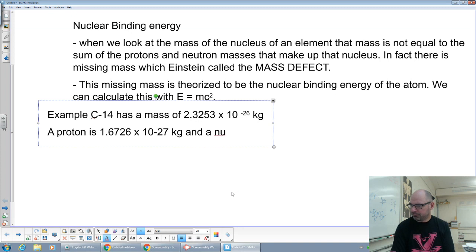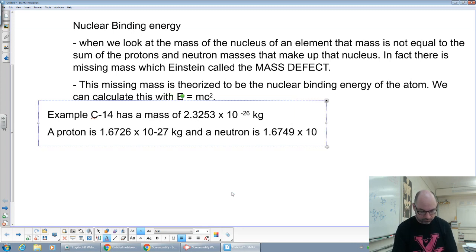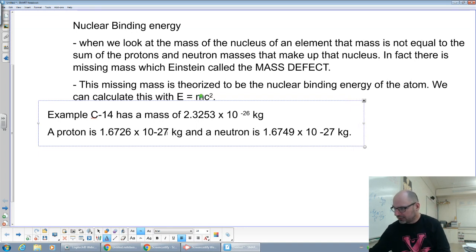A neutron is 1.6749 times 10 to the negative 27 kilograms. Okay, so let's get these scientific notations.